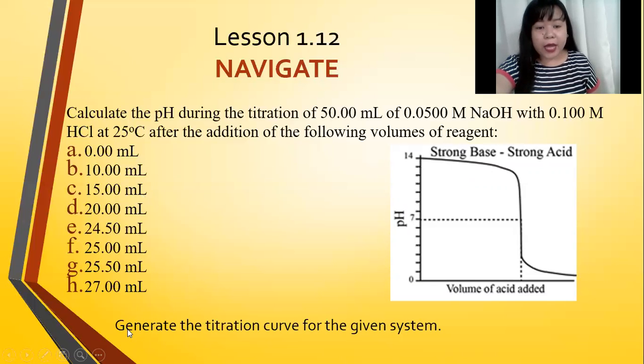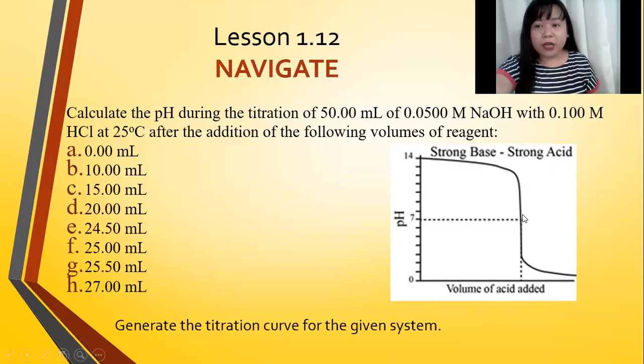So you'll also be asked to generate the titration curve for that given system, a pH versus volume of titrant curve, which should look like this, but please make sure that your graphs are labeled and the points are plotted properly.